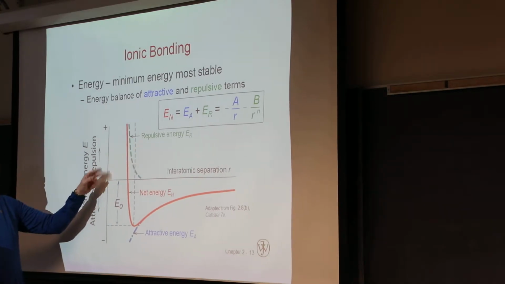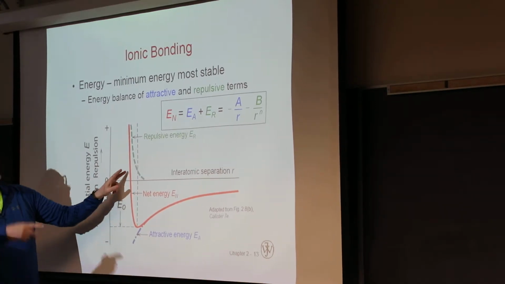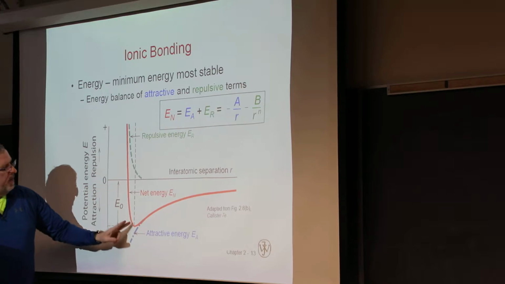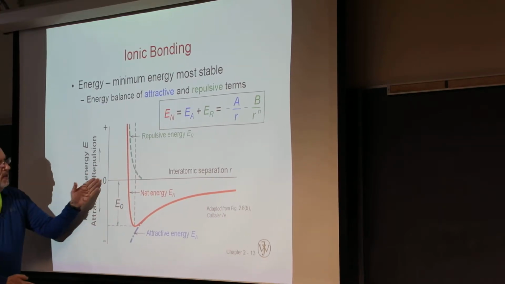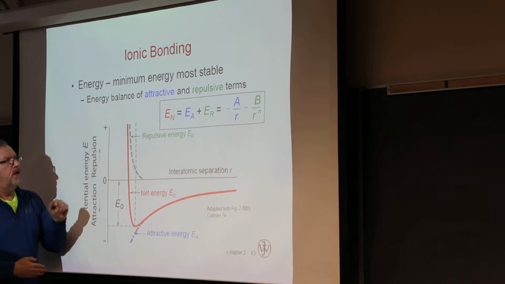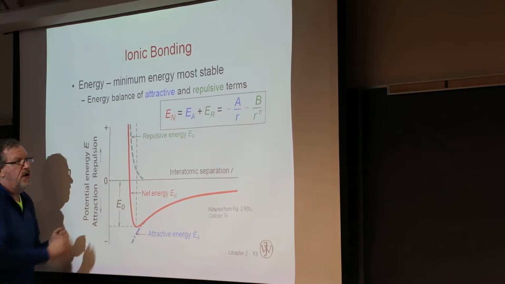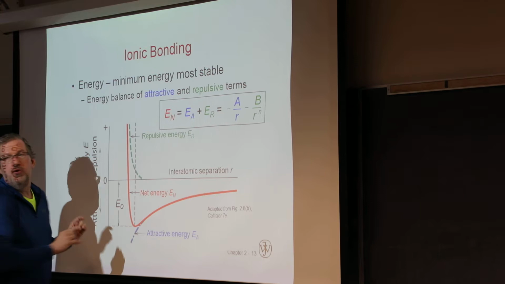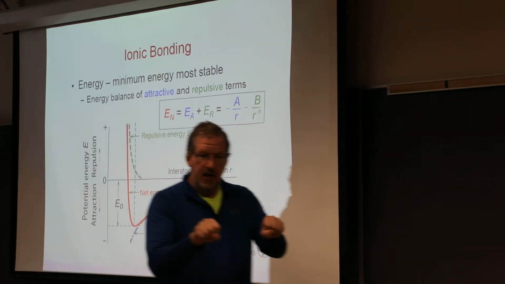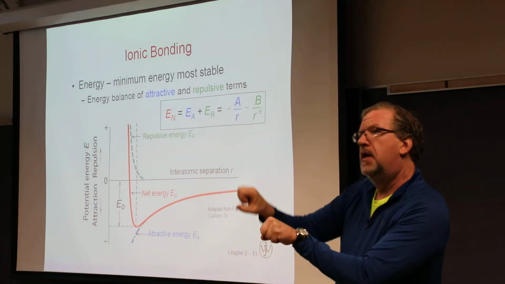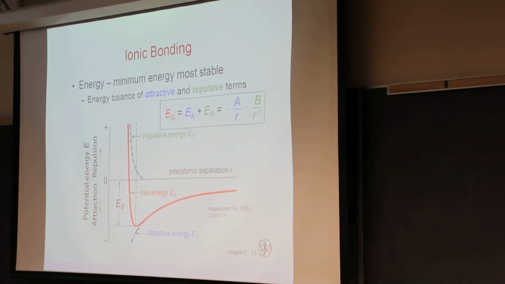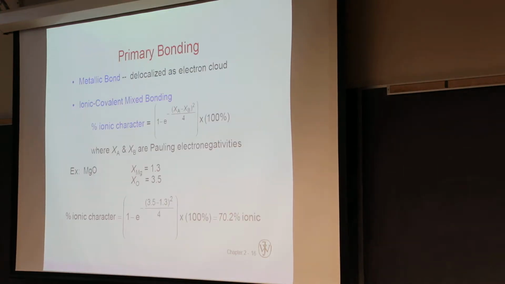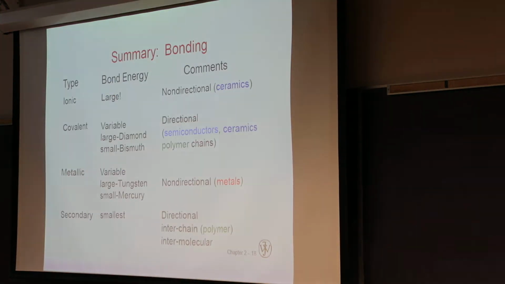Here this is energy, but you can also plot it as force. The center of one atom to the center of another gives you the interatomic spacing, which tells me when I build that lattice, what's the distance between the atoms. This is looking at potential energy.